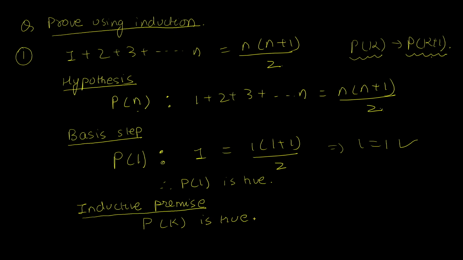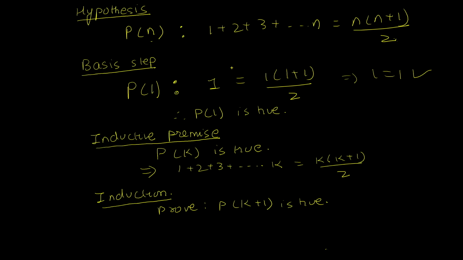Alright, now the final step in my induction is to use my inductive premise to prove that Pk plus 1 is also true. So let me get a little bit of space. So my final step is going to be my actual induction. And my induction step requires me to prove that Pk plus 1 is true. The nature of the hypothesis will determine what approach you should use in order to prove that Pk plus 1 is true.